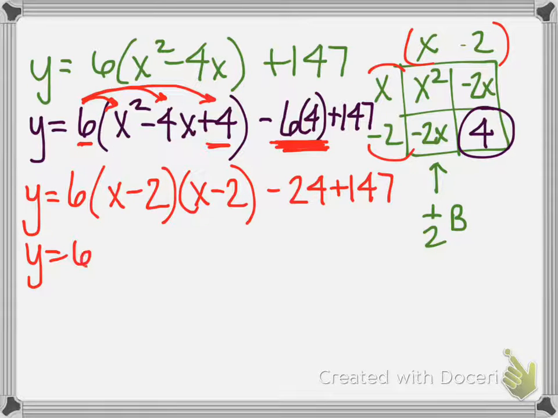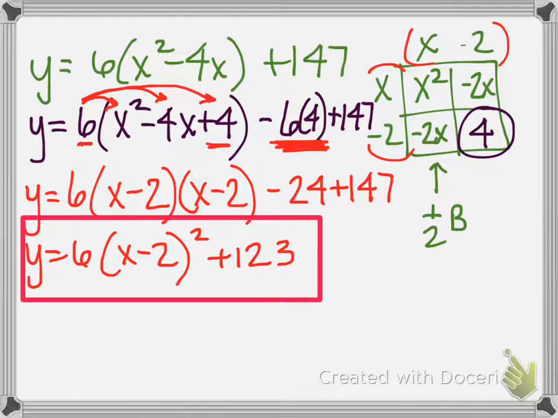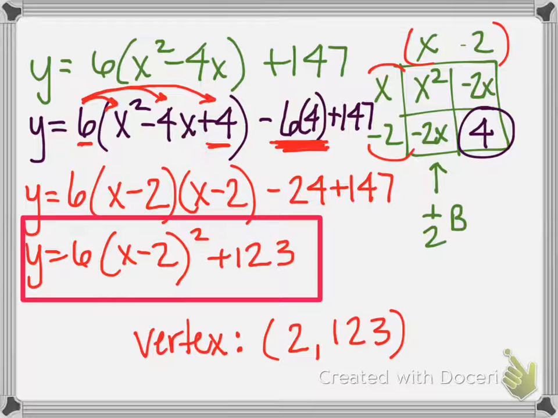Since the parentheses are identical, like they always are, it's the whole purpose of completing the square. x minus 2 squared, and then negative 24 plus 147 is a positive 123. And there is the vertex form of that problem, and the vertex here would be 2 and 123.